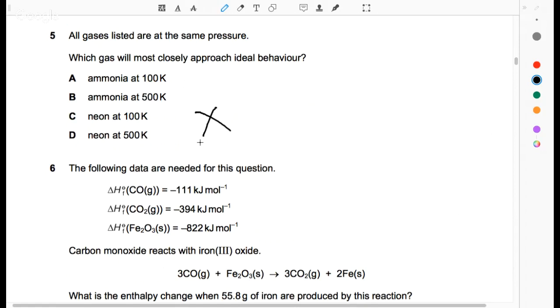If you compare ammonia to the others, obviously ammonia would have higher intermolecular forces.